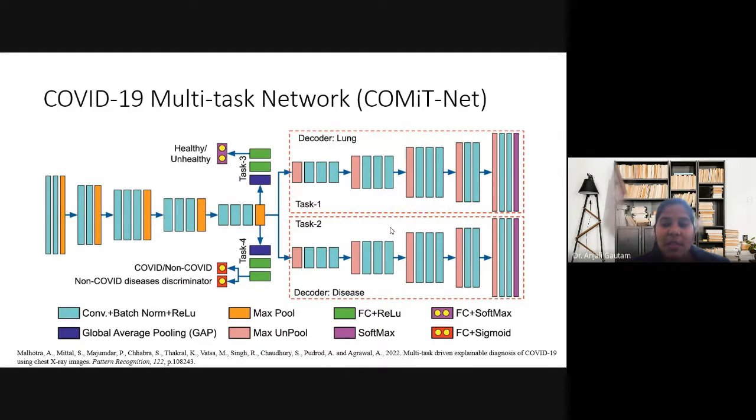The other application areas are not limited only up to this; there are many application areas. One is COVID-19, as we have seen till now, and this is the model architecture I have taken from a recently published paper in Pattern Recognition, 2022.